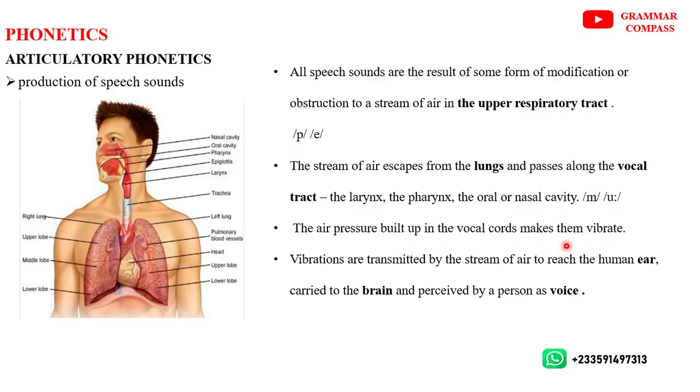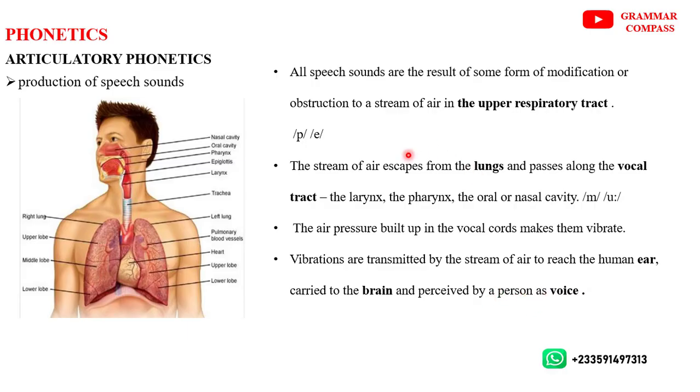and then these vibrations are transmitted by the stream of air to reach the human ear. After hearing the sound, it is then carried to the brain and perceived by the person as voice.